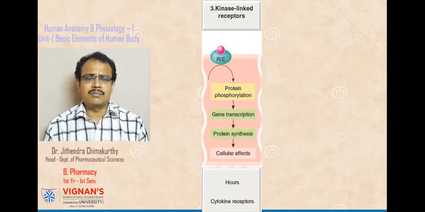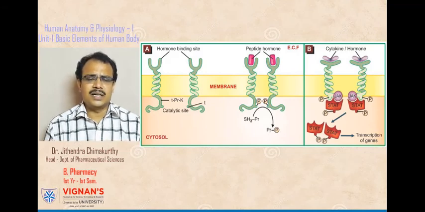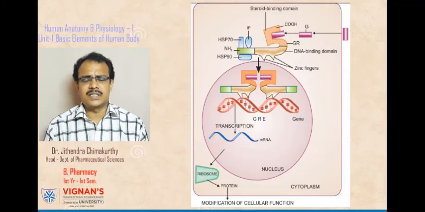And here, binding of the ligand at the extracellular site will lead to dimerization of the receptors. Here, dimerization is coupling of the receptors that are present adjacent to each other, and this leads to exchange of phosphate groups to the respective enzymes, which once again leads to phosphorylation of the proteins.